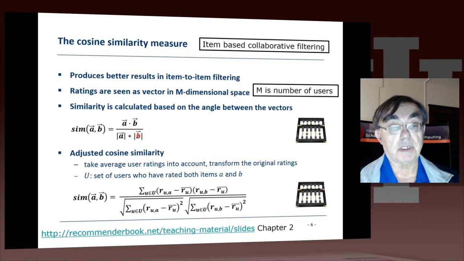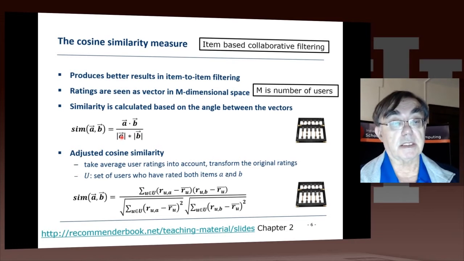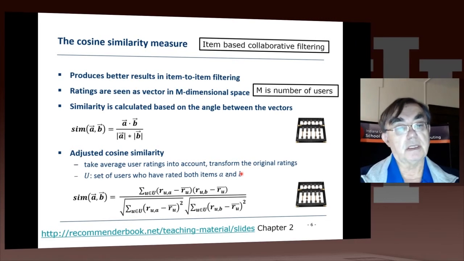So when we calculate this length of A down here, we only calculate it in the sum over the users in the set big U, and big U depends on both A and B. So this makes it a little different from normal scalar products and normal intuition.